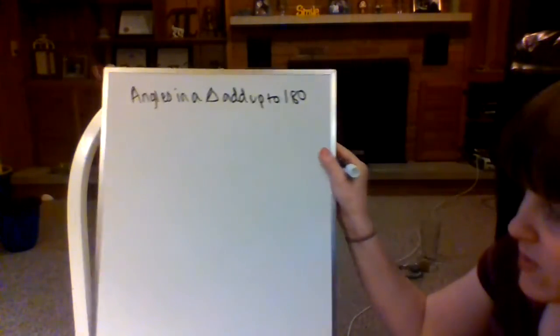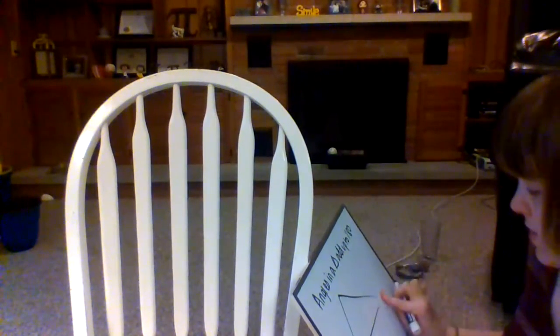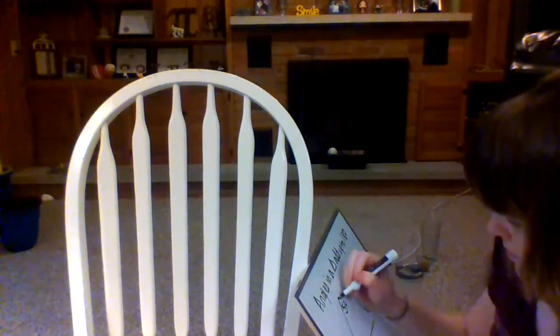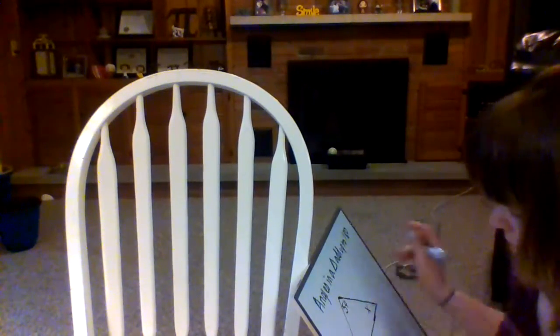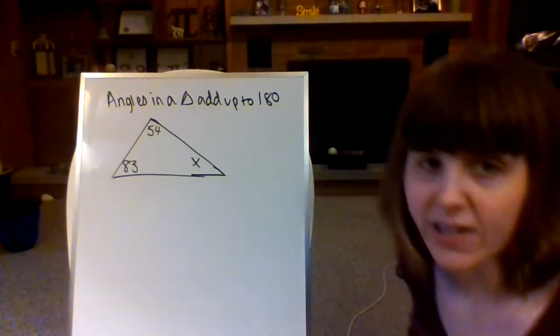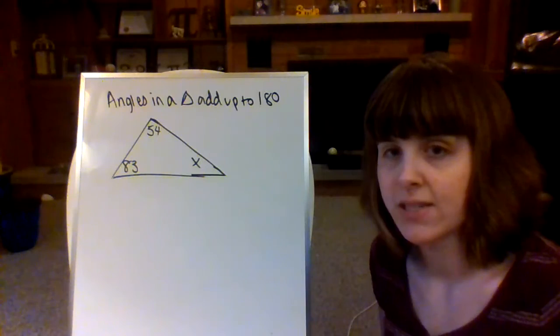Okay, so I'm going to move this for a second to draw you a picture, and then I'll put it back. Alright, so here you go. In this triangle, we have the angles 54 and 83, and we need to find x.